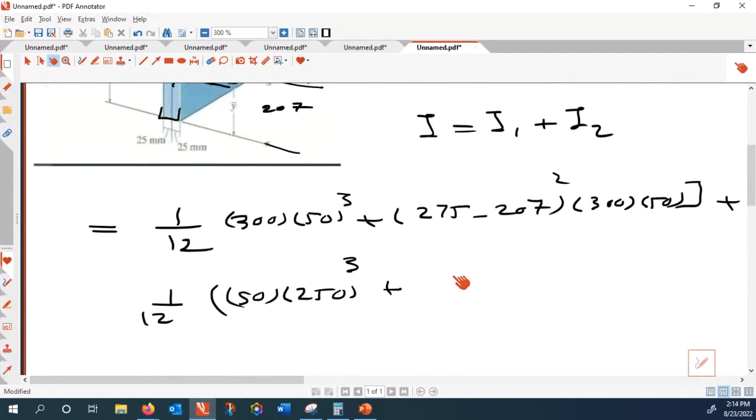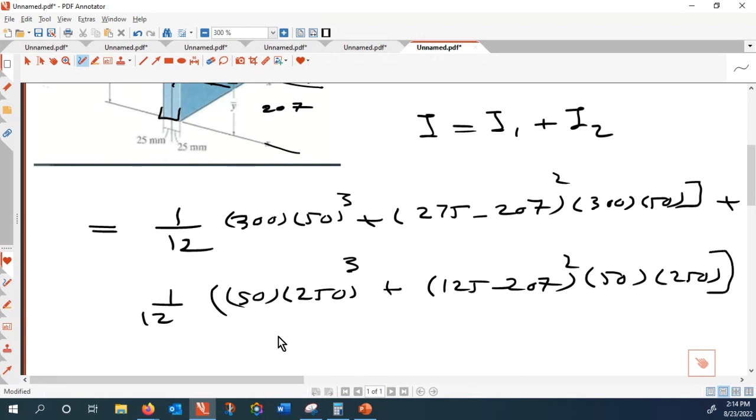And D2 is 125 take away 207, squared, and the area is 50 times 250. Now if I add them together, the total I is 22 times 10 to the power of 6 millimeter to the power of 4.